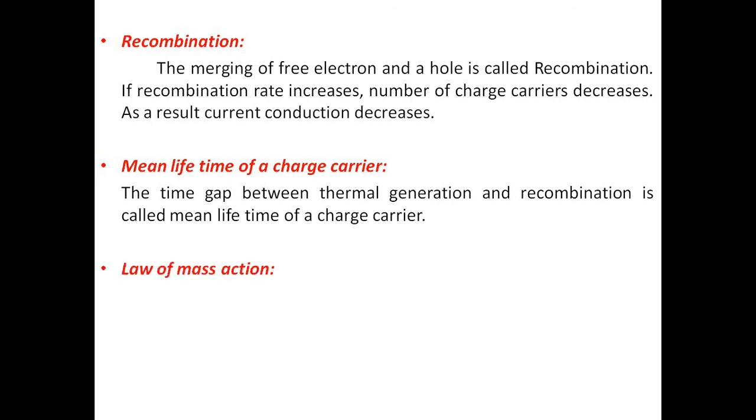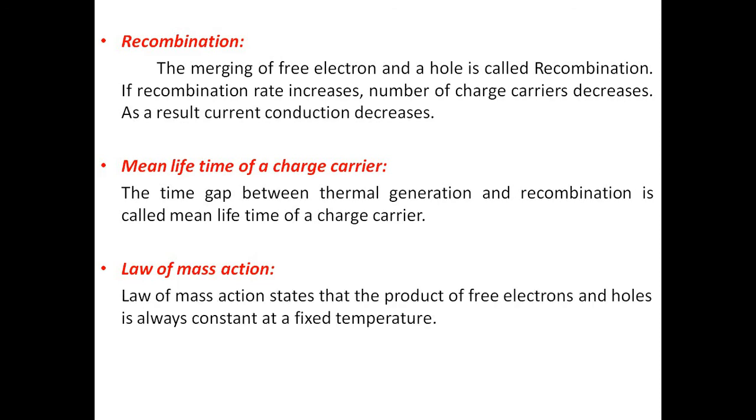One more important definition is the law of mass action. The law of mass action states that the product of free electrons and holes is always constant at a fixed temperature. Let us imagine that there is a temperature called T1. At this particular temperature, which is also a form of energy called thermal energy, there are n covalent bonds that are capable of breaking.